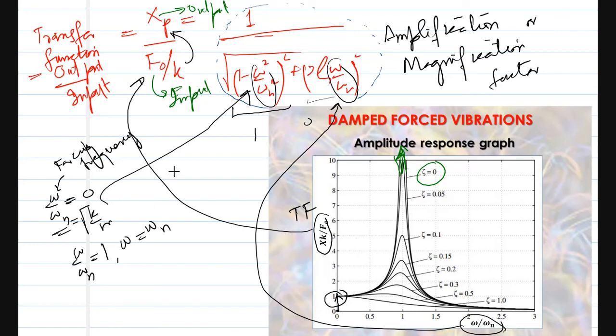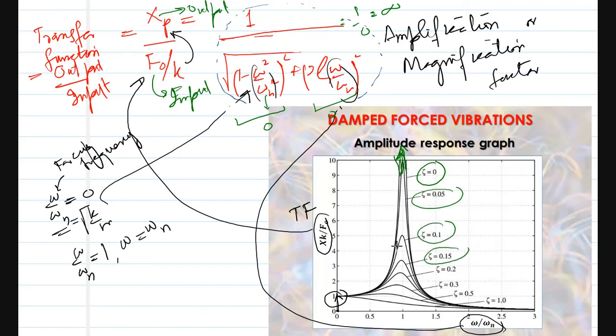You can also verify it mathematically: if I put omega over omega n equal to 1, this term goes to 0. If zeta is 0, this term also goes to 0. So 1 over 0 is infinity. Your transfer function goes to infinity, which means your amplitude of vibration goes to infinity, and the structure will break. Now at resonance, if you apply some damping, like you can see here, you can control the amplitude of vibration at resonance by applying the damping.